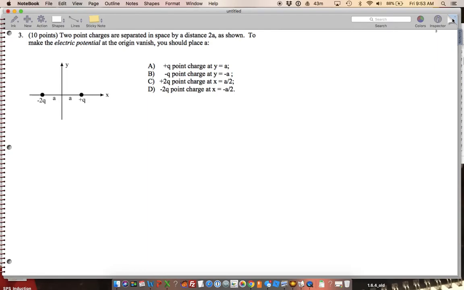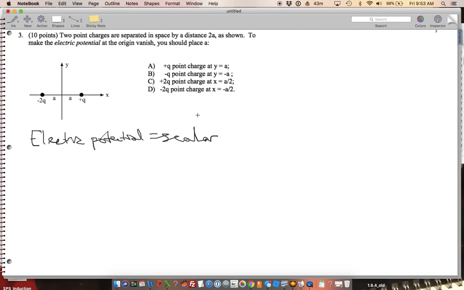Some of the important things about electric potential is that electric potential is a scalar. It's a scalar. We really like that because electric force and electric field are vectors.